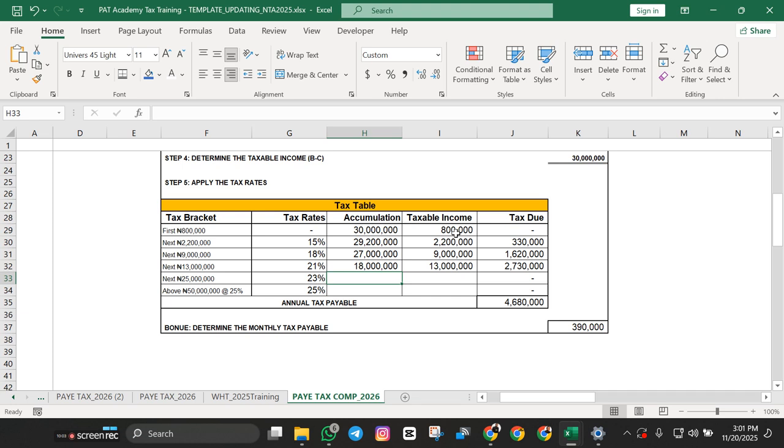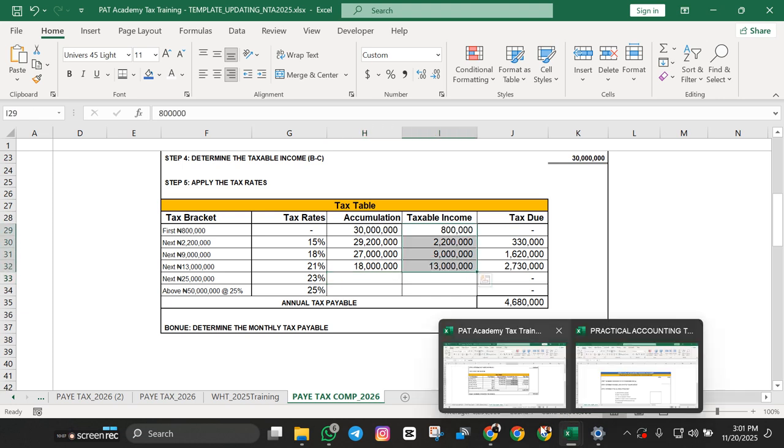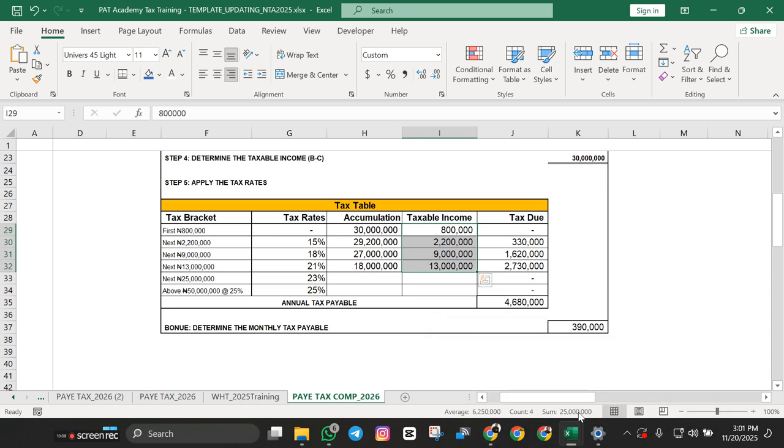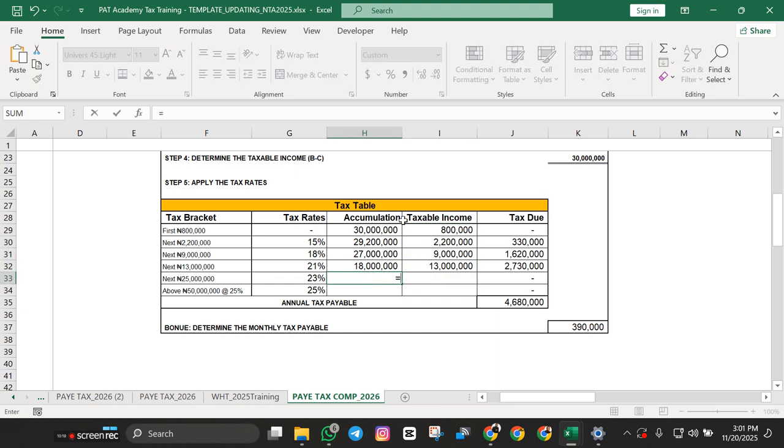If you sum up all we have taxed so far, we have only taxed 25 million, and this person's taxable income is 30 million. That means we still have 5 million left. So let's see how much we have left: 30 million minus this, minus this, minus this, minus this.